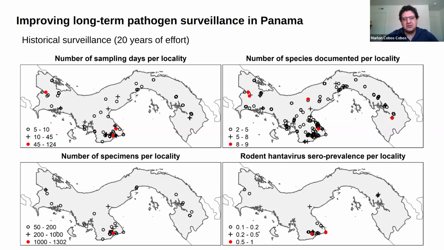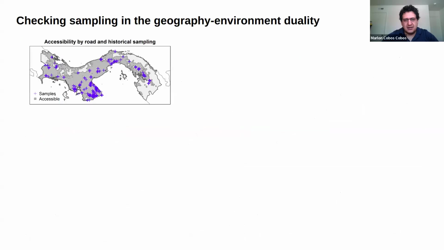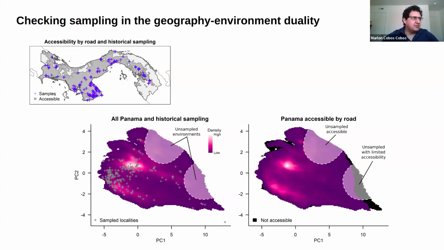And so what we wanted to do is apply the same principles and start analyzing Panama from an environmental point of view. We summarize environmental conditions across Panama into principal components, so we can manage the information a little bit better. Basically what you're seeing here in this cloud of points with a density representation is all environments present in Panama, represented by the first two principal components of an analysis done with multiple variables representing temperature, precipitation, and other things.